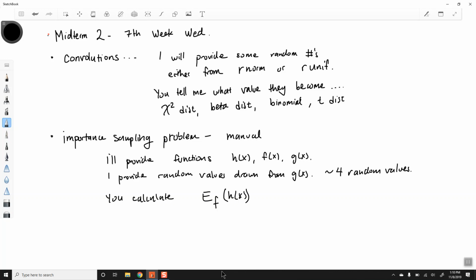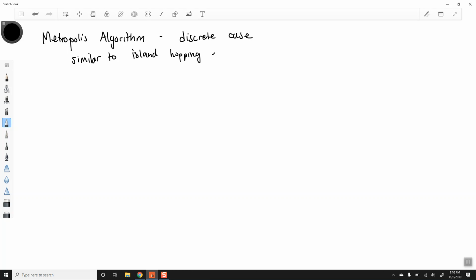All right, and then the other two problems will be metropolis algorithm. These ones will be a little bit more involved. Okay, so I'll have a metropolis algorithm, and I'll get a homework assignment up probably later today. Okay. So this will be similar to kind of the island hopping example.